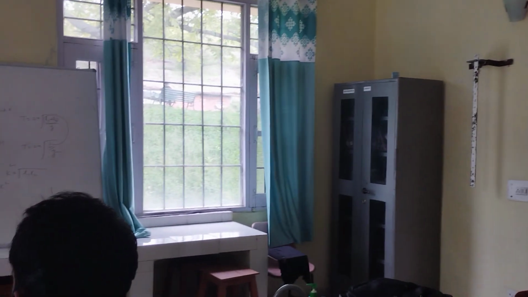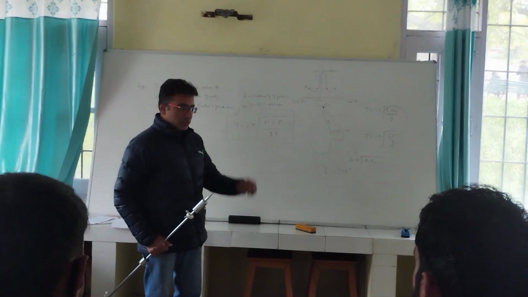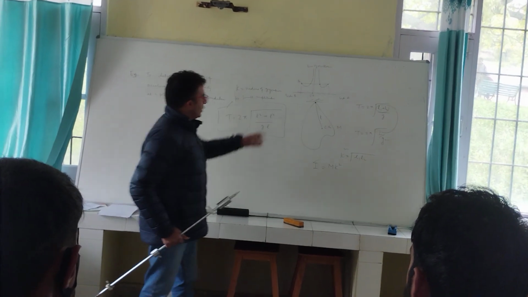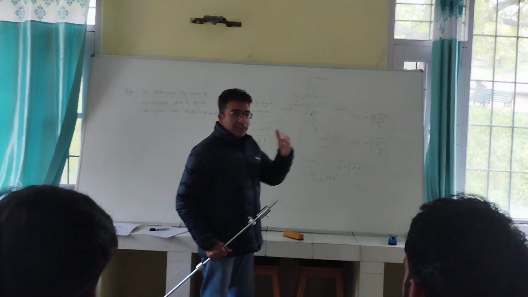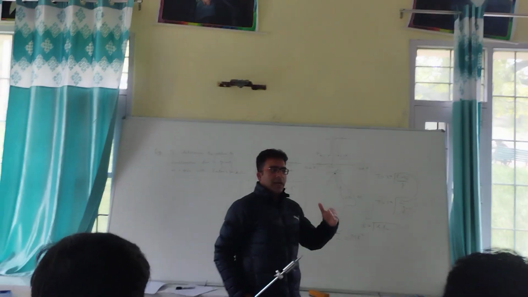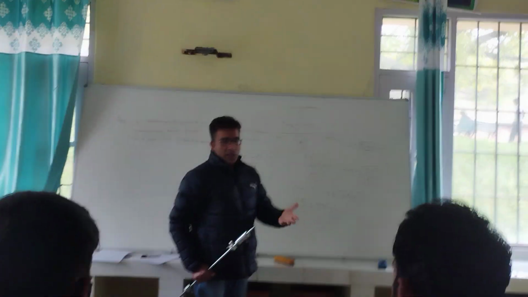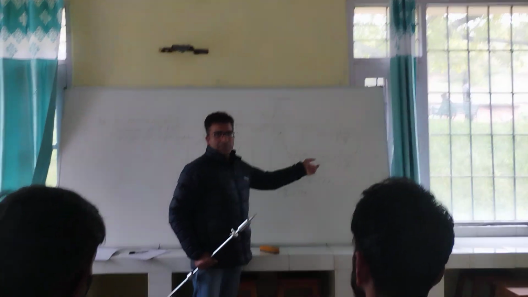The center of gravity is essential in that experiment. You have to first locate it. Only then you can do this procedure, right? Because you have to find the distance from the center of gravity to the center of oscillation and center of suspension. Only then you can find the acceleration due to gravity using this procedure.